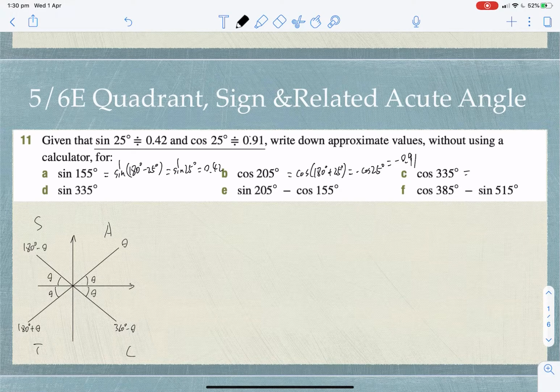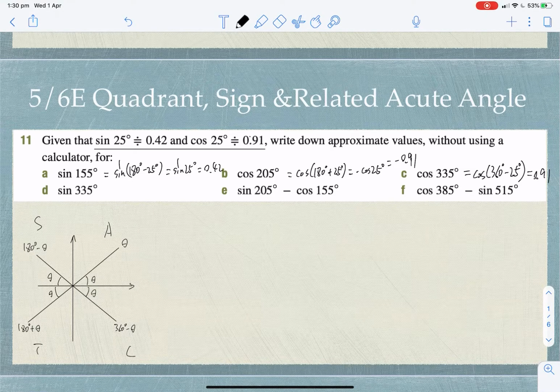The next one, cos 335. 335 is 360 minus 25, so that means it's the last quadrant and the same as cos 25. Last quadrant cos is positive, so 0.91.